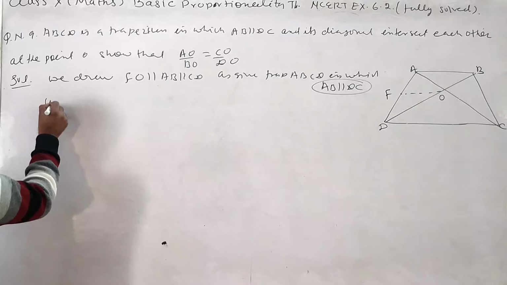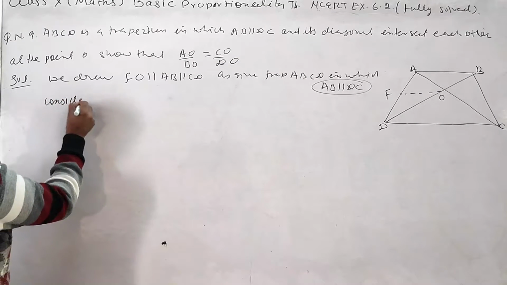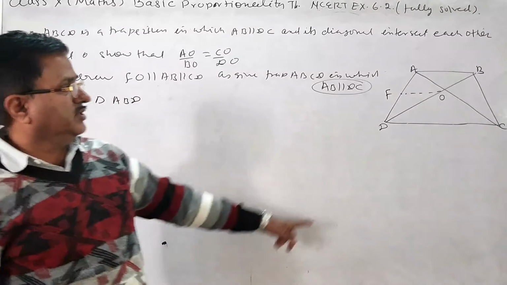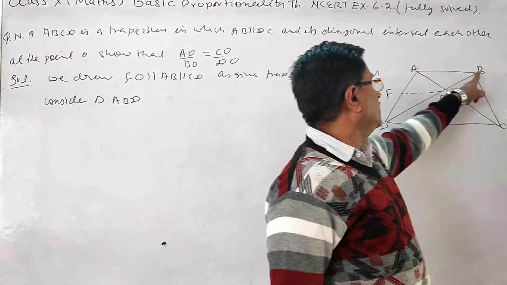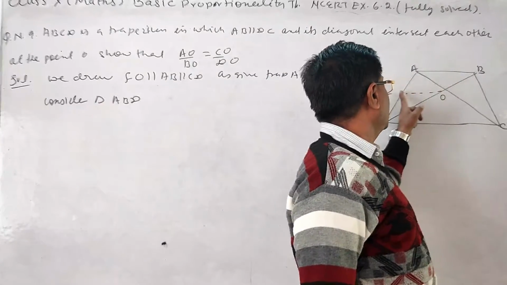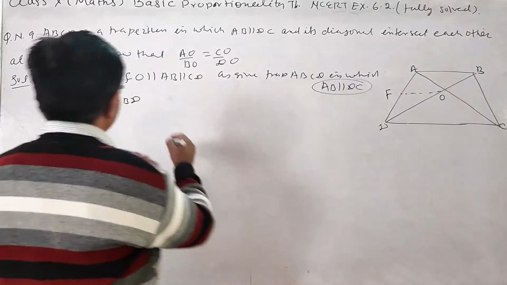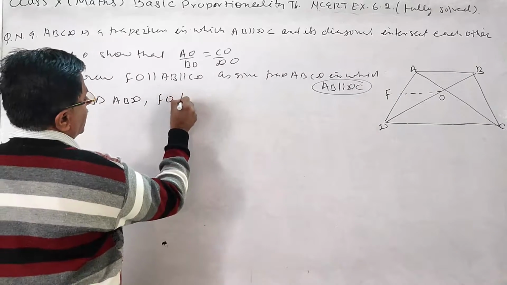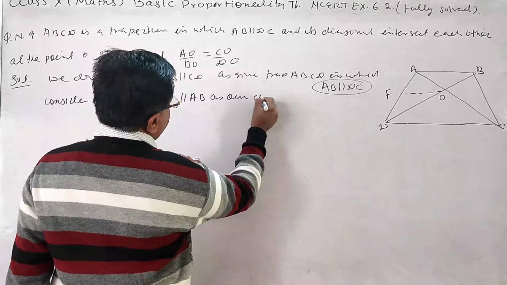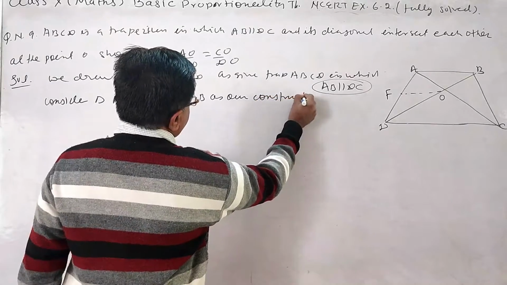So consider triangle ABD. First we consider this triangle ABD. In this, FO is parallel to AB as per our construction. We are constructing it in this way.